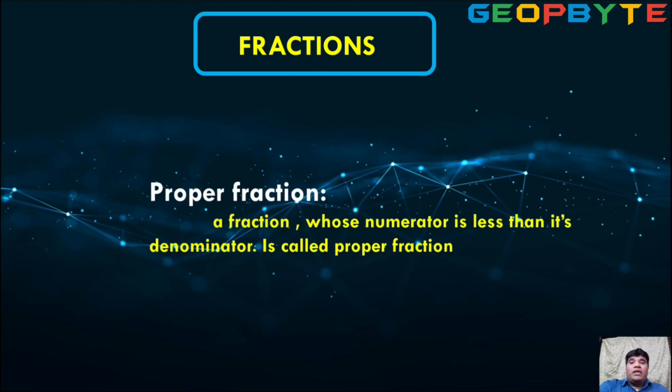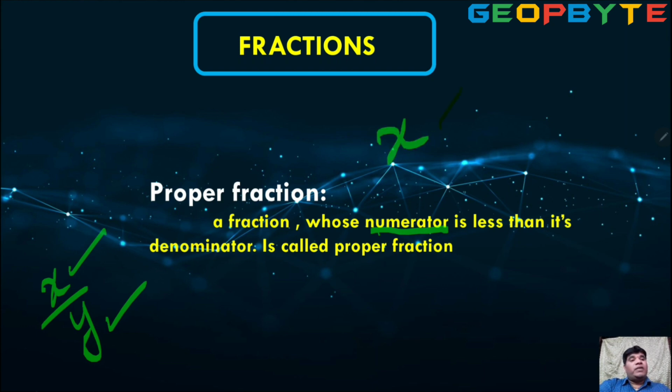Proper fraction. As a definition, a fraction whose numerator is less than its denominator is called a proper fraction. Suppose x by y is a fraction. x is the numerator, y is the denominator. Numerator is less than its denominator. What is the symbol?